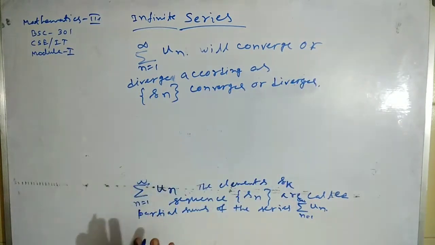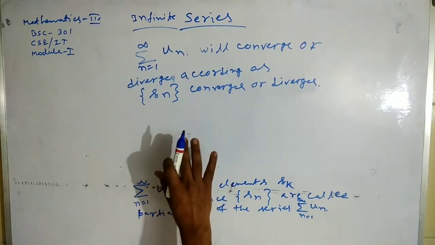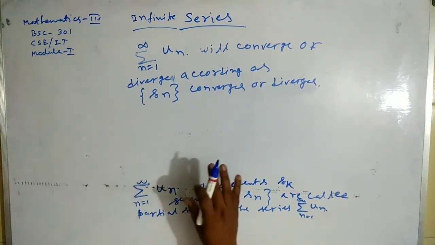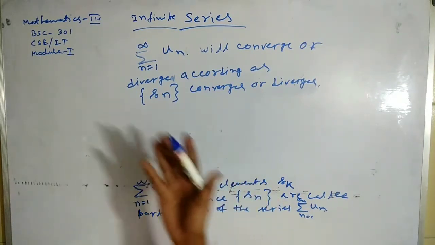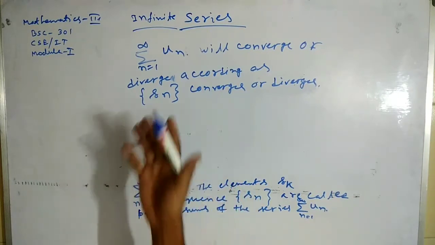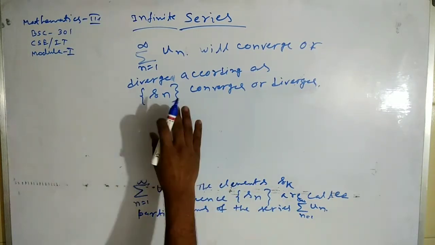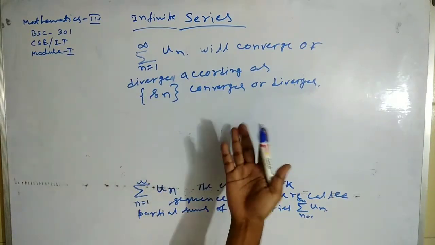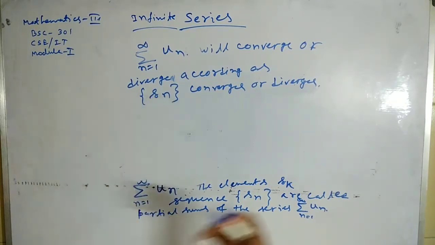That is, if we want to determine whether an infinite series is convergent or divergent, then we have to know whether the corresponding sequence Sn is convergent or divergent. If the sequence Sn is convergent, then the infinite series will be convergent. If the sequence Sn is divergent, then the infinite series will be divergent. So convergence and divergence of this infinite series will depend upon the convergence and divergence of this sequence Sn which we got from the sequence Un.